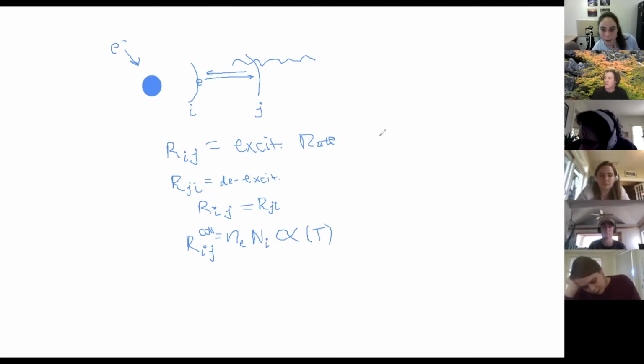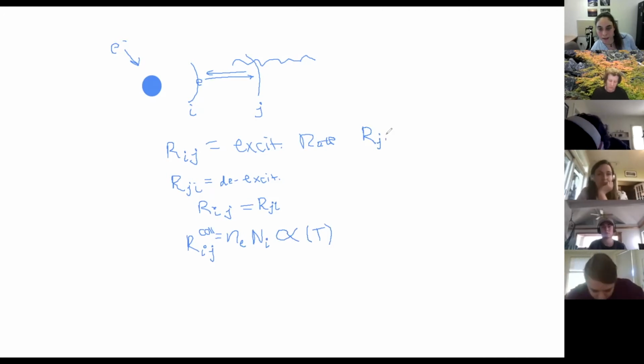Our de-excitation rate equation is going to have two parts. So there's going to be spontaneous de-excitation, which is without a collision, the electron falling down from J to I by itself.